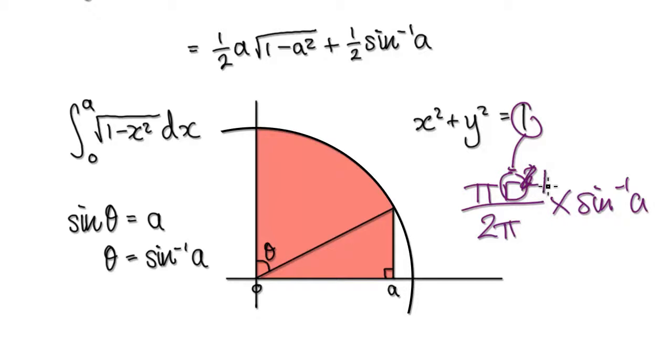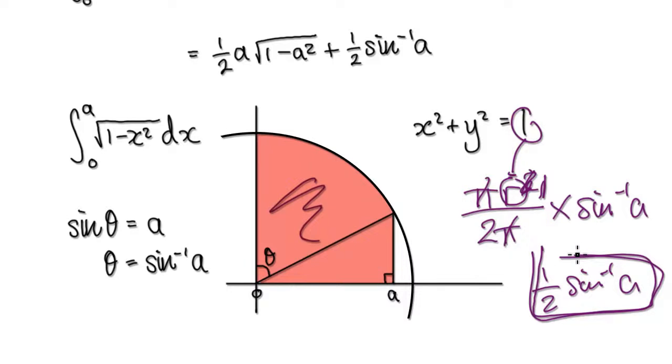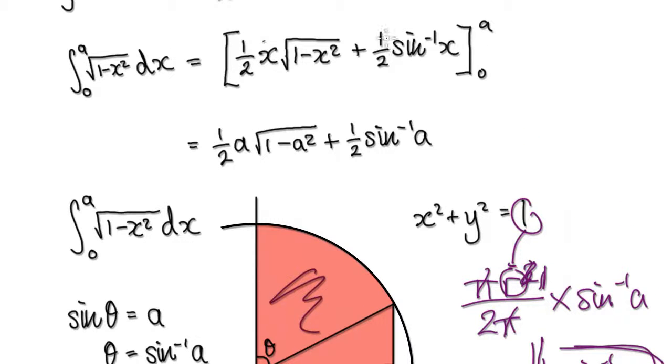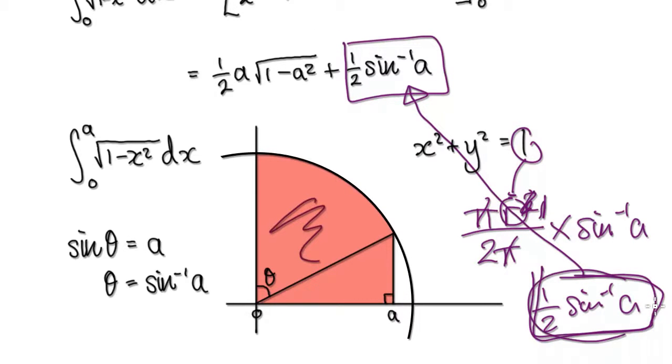So this thing here is just 1, and pi here cancels out, giving you a half inverse sine of A. So the area of this thing here is given by this thing here, which, by the way, is this block here. Oh, sorry, it's this block here. So it turns out that this area turns out to be this.